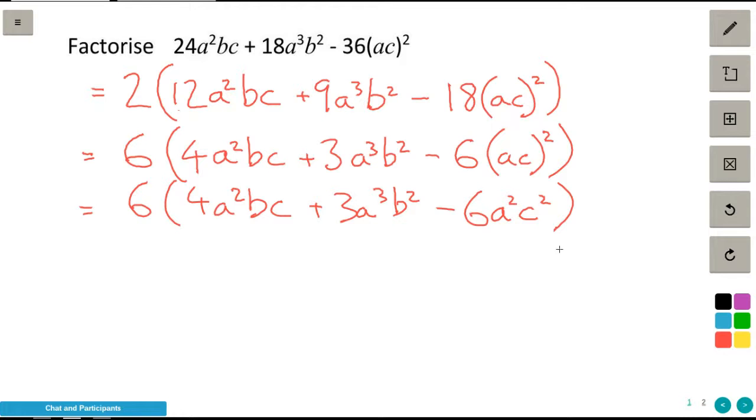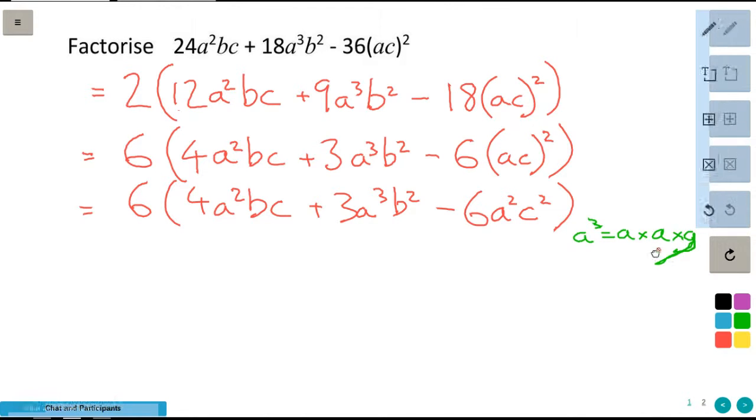So we'll see if this works. Looking at that A cubed, we can realize that another way of writing A cubed is A multiplied by A multiplied by A. It's just going to be annoying, isn't it?